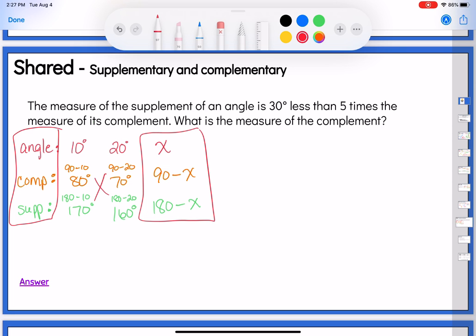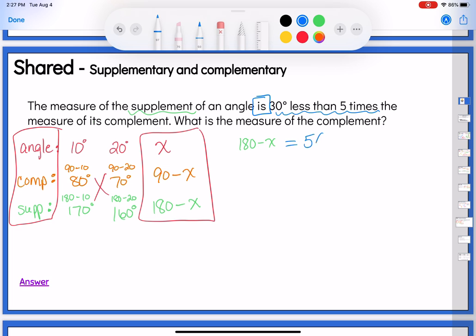and go from there. So it says the measure of the supplement of an angle is, okay, so supplement 180 minus x is where I put my equal sign, 30 degrees less than 5 times the measure of its complement. Okay, so let's see, 30 degrees less than 5 times.